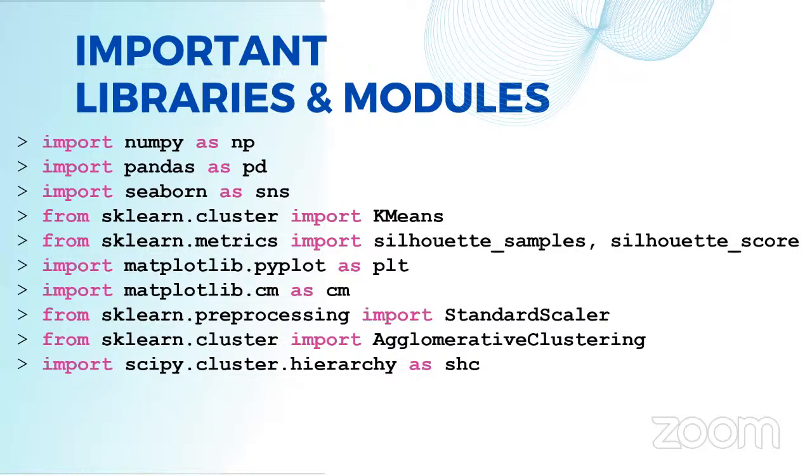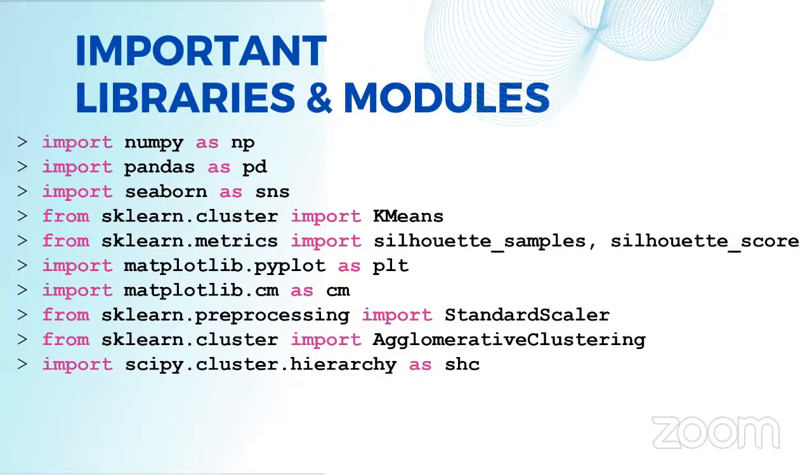Okay, here we were on the important libraries and modules. NumPy contains numerical data sets and also has numerical computing tools with arrays, and it is essential for data science.